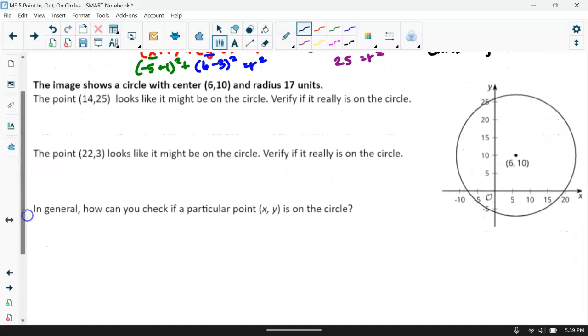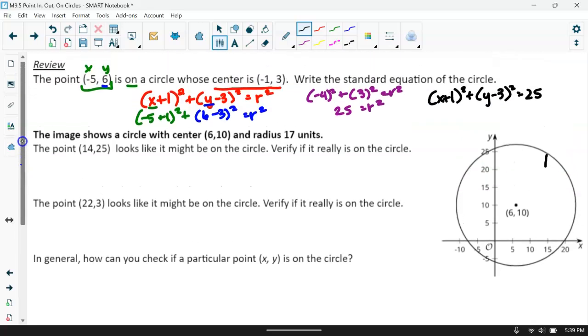So now we're given a circle with a center at (6, 10) and a radius of 17 units. Now, the point (14, 25) looks like it might be on the circle, but we're going to verify it. It could be there, but we're not going to say maybe. We need to actually verify.